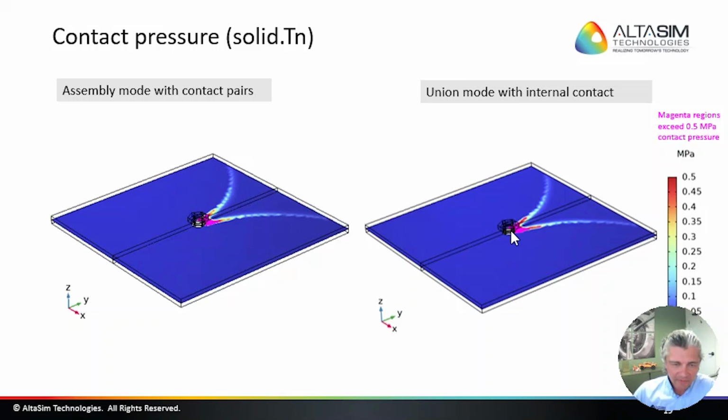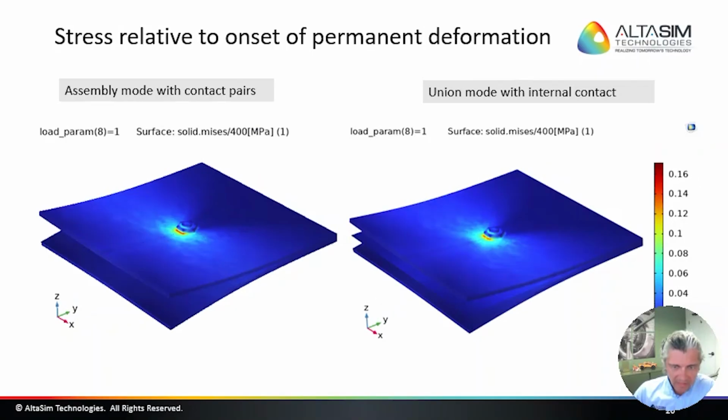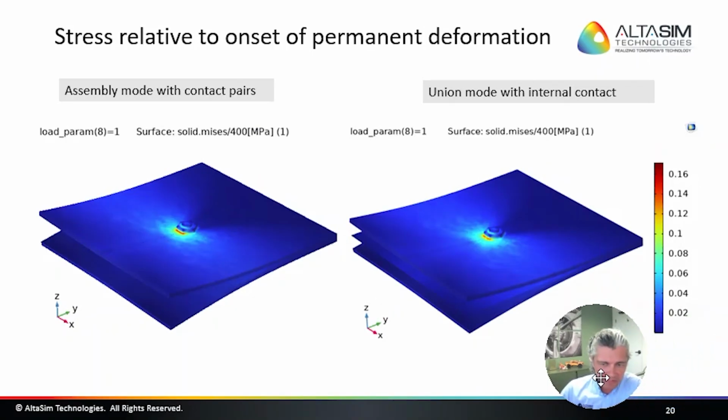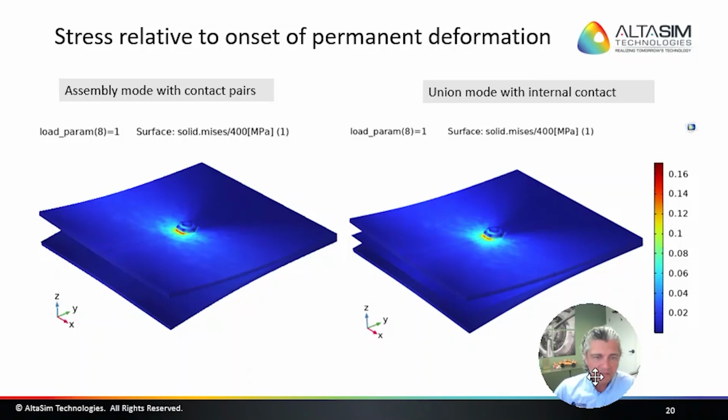It's going to really simplify your contact pair definitions and your model approach, tracking of faces, etc. And we're getting the same simulated stress results from the 2 different methods: standard method on the left, assembly mode with contact pairs, new method on the right, union mode with internal contact.